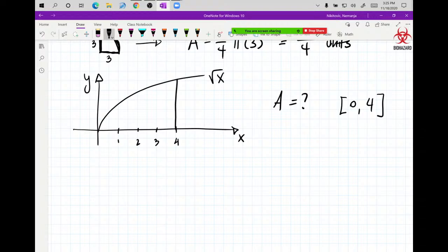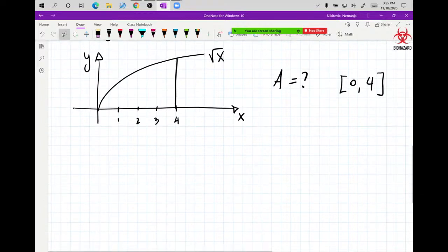So how do we find the area under this? The answer to that, later on, will be that we are going to use calculus and integrals, but we need to build to that point. What we are going to do here is divide this into these regions.